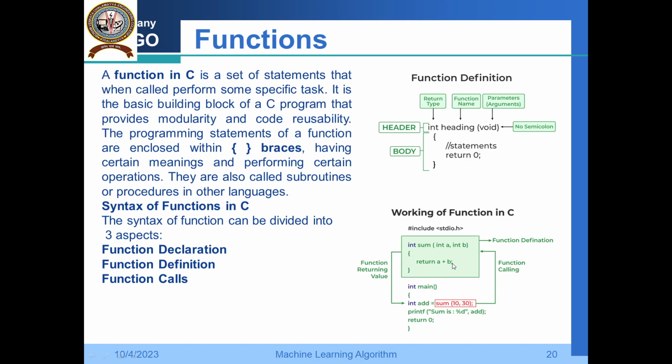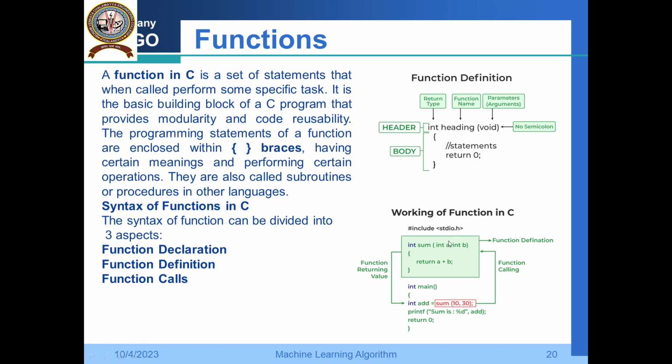Here no output will come, because integer a is just like a variable we are declaring, and these are the parameters, integer b. So, return a plus b means what will come? When we call this function, it will execute in main. I call the function sum and provide arguments 10 and 30.